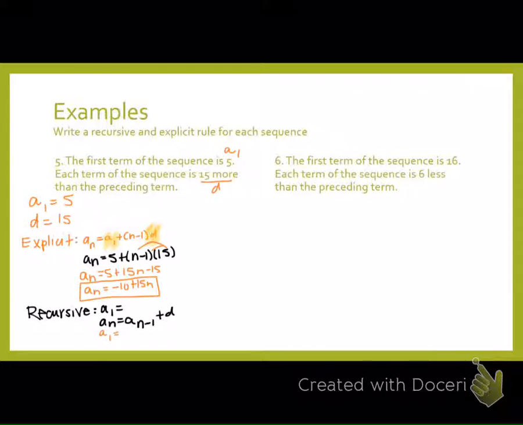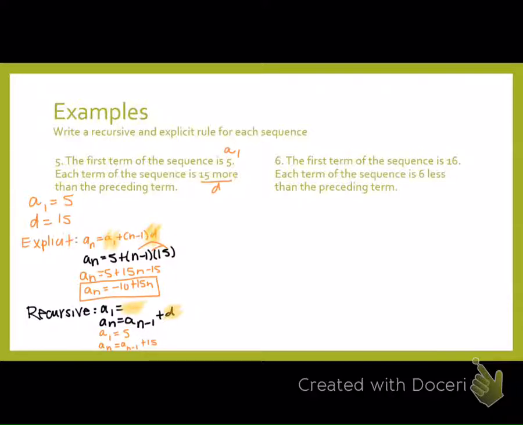A sub 1 equals 5, okay. What does a sub n equal? 15. You still have another thing. You have to say a sub n minus 1 plus. Good job. So you replace those pieces there.